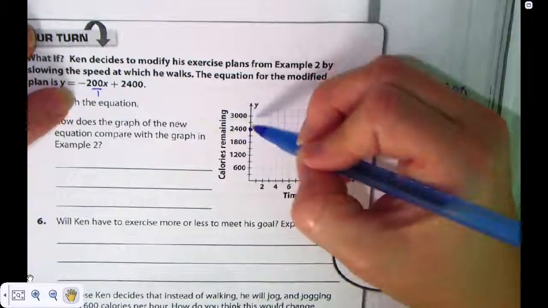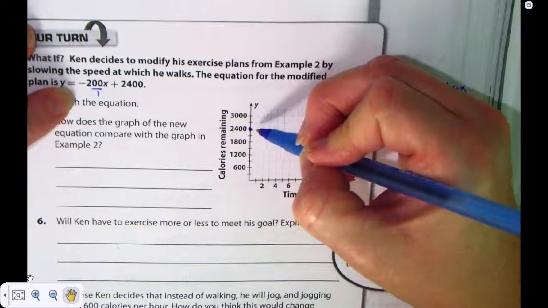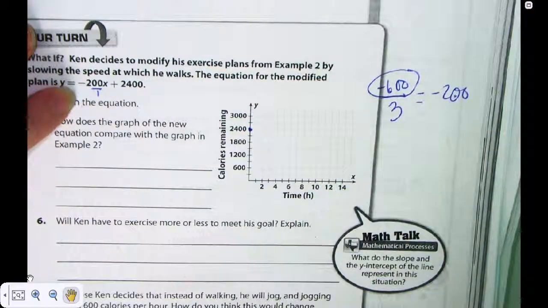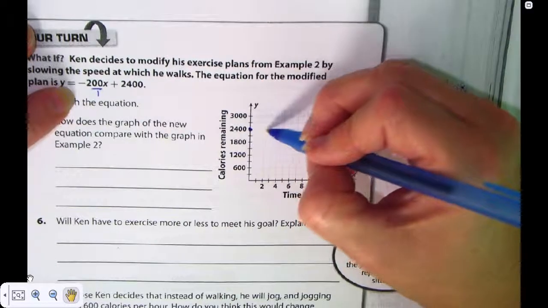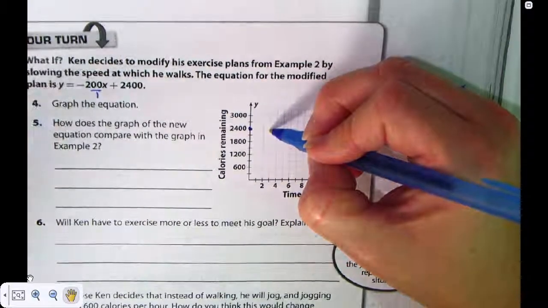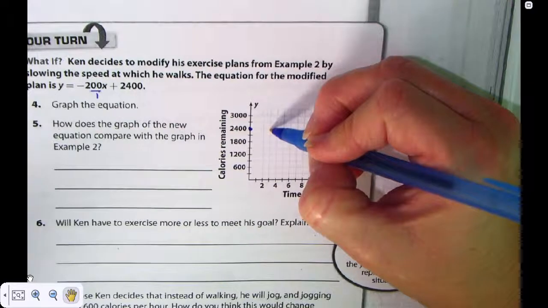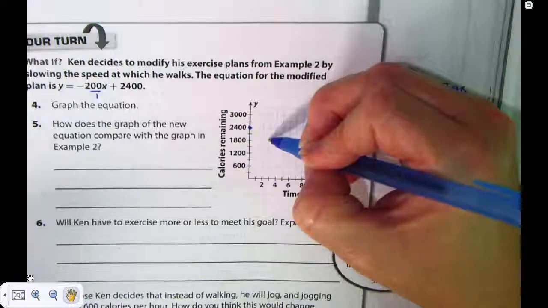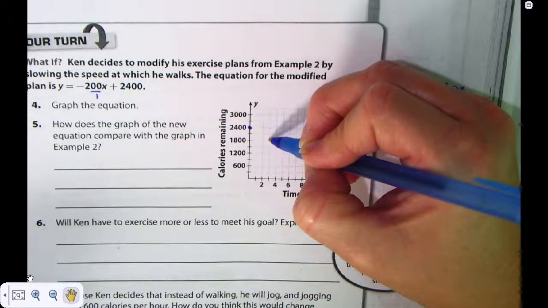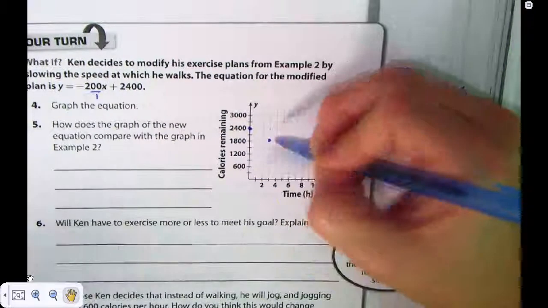So if I go over 3, I'm going to go down 600, which is how many squares? 2 lines to get 600, right? Look, 2 marks is 600.